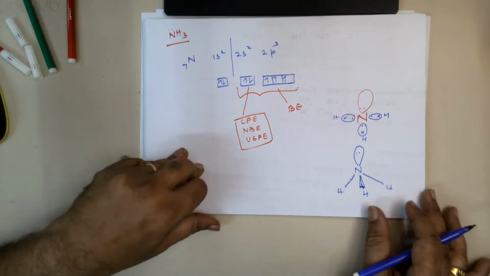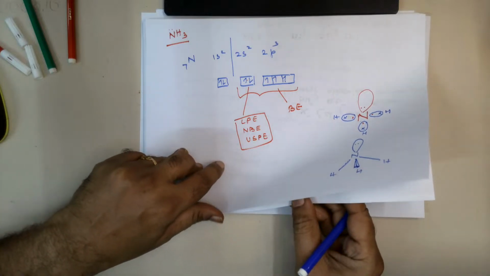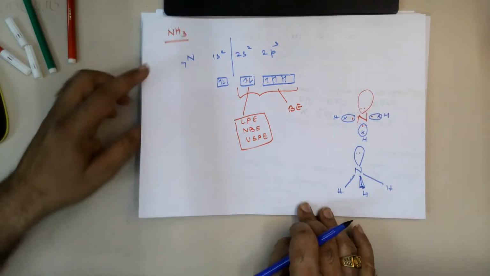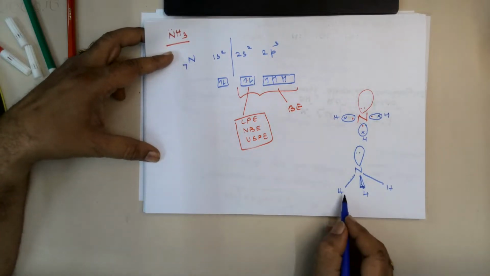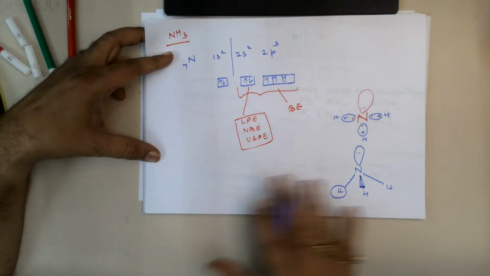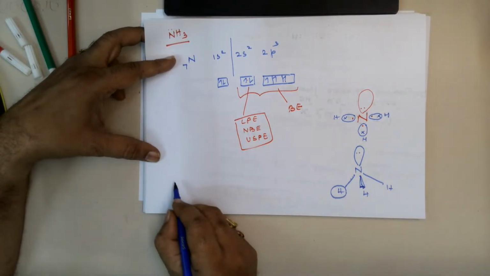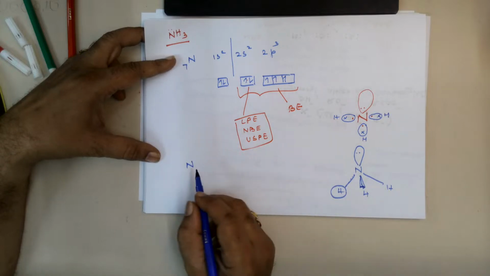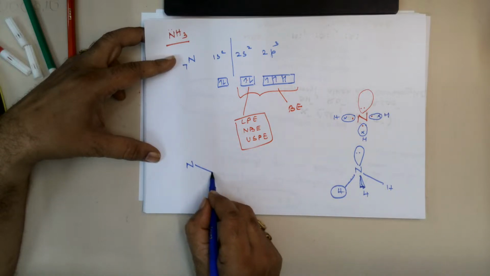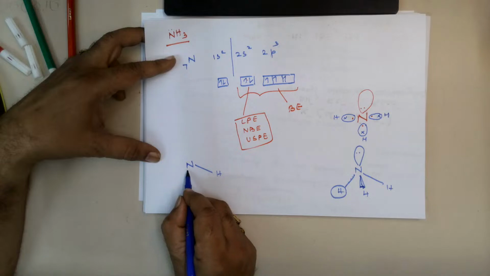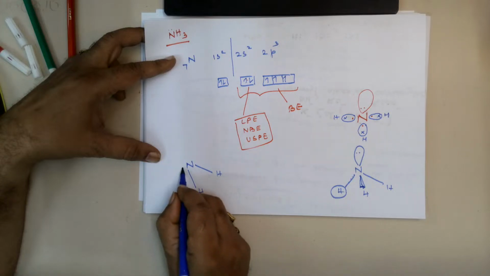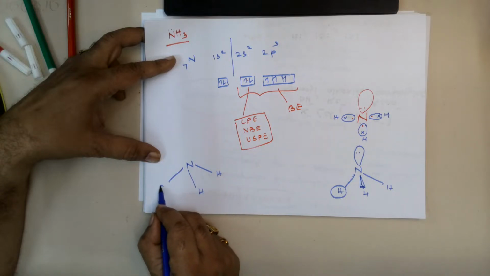Now let us move to another one. Let me consider how it is present in ammonia. We will replace one hydrogen by a methyl group. Then it is called an amine. So the same nitrogen, and here one hydrogen and another hydrogen, and one hydrogen is replaced by a methyl group.